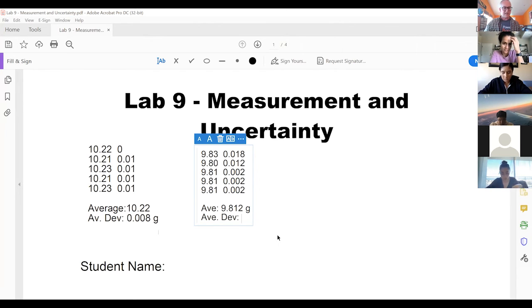Actually, pretty much exactly the same. Interesting. 0.0072.